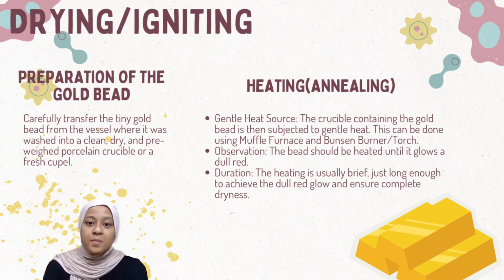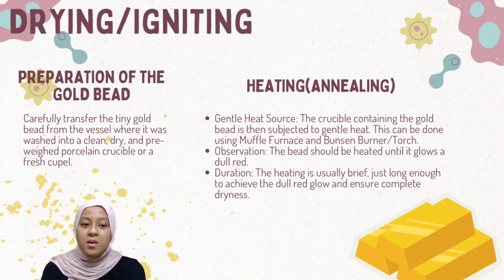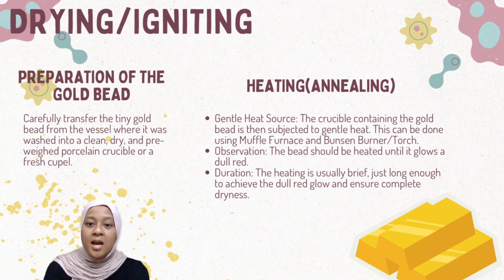Here is how the procedure for drying the gold bead is typically carried out. First, preparation of the gold bead. Carefully transfer the tiny gold bead from the vessel where it was washed into a clean, dry, and pre-weighed porcelain crucible or a fresh cupel.